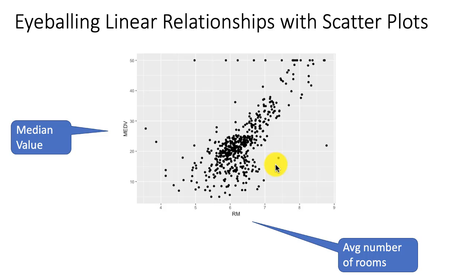This house has more rooms, but this neighborhood's median value is lower than the median value of houses in that neighborhood, which in general have a smaller number of rooms. Okay, that is possible. So we are not saying this is exact, but in general, there is a trend.